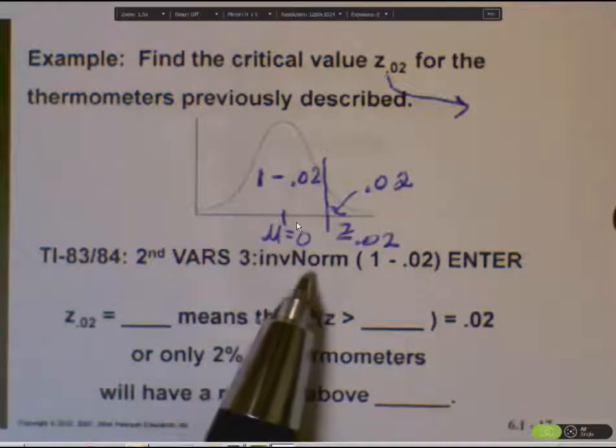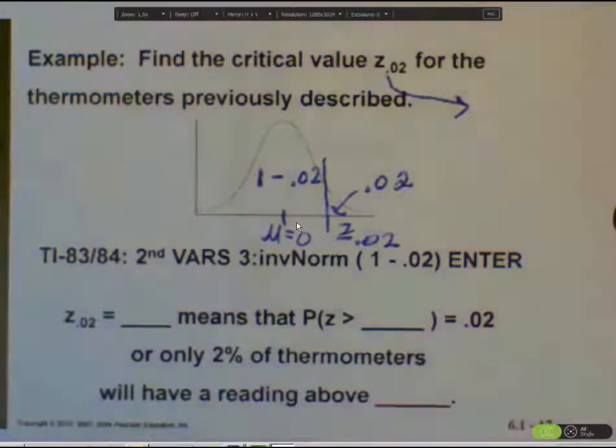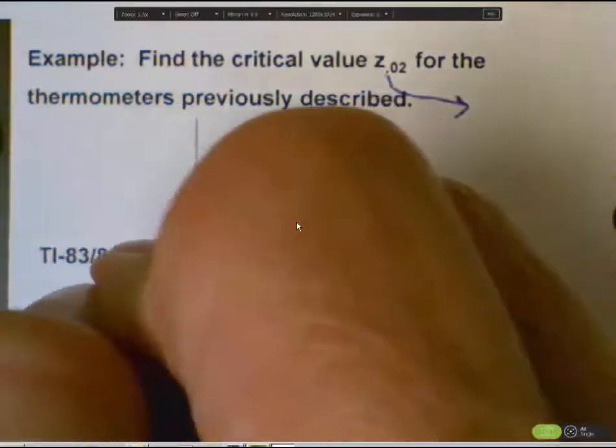Not inverse norm 0.02, but inverse norm 1 minus 0.02. To two decimal places, that's 2.05.